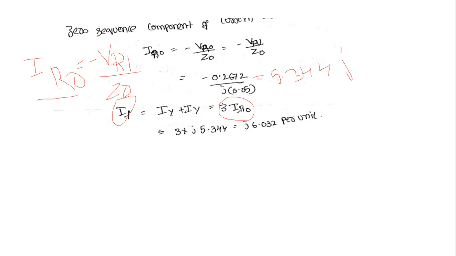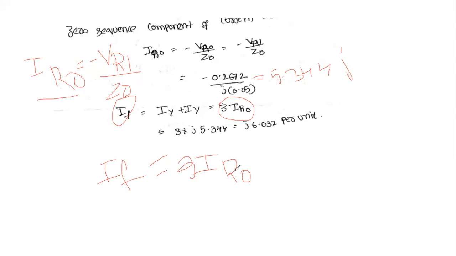Then we are substituting the IR naught value in the fault current formula. What is the fault current formula? IF is equal to 3 into IR naught. What is IR naught?